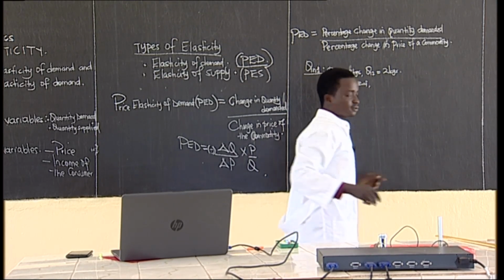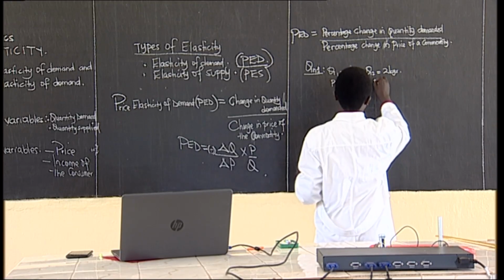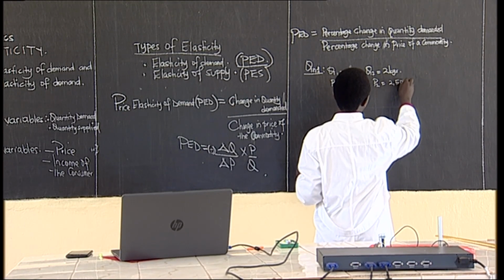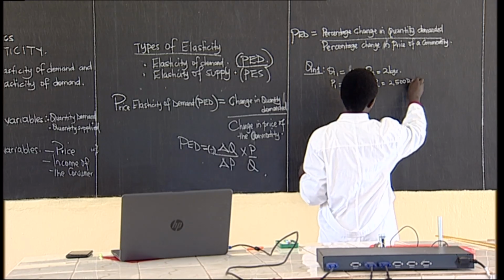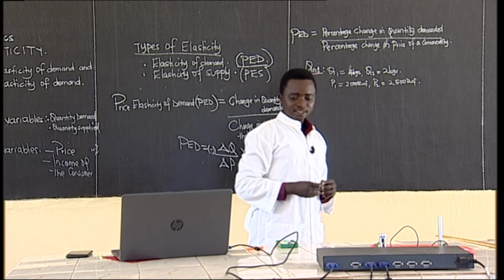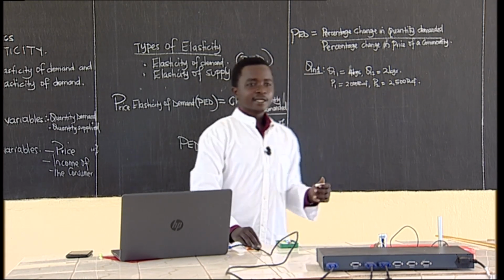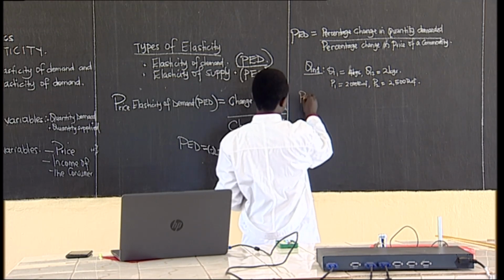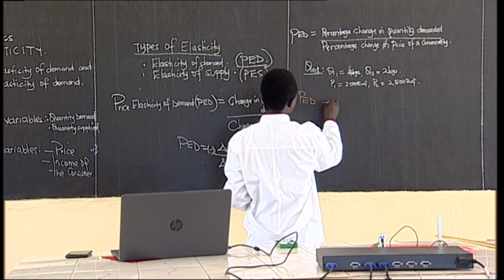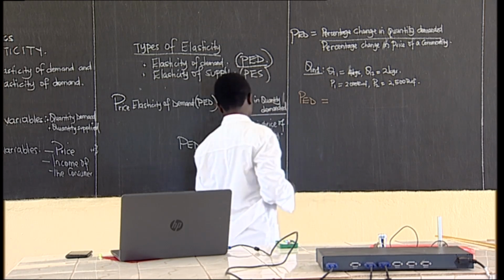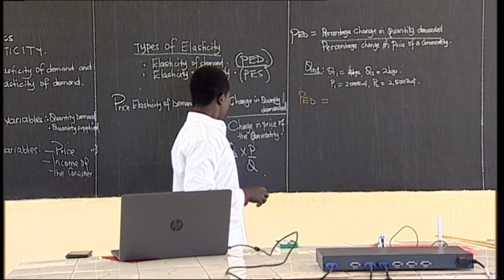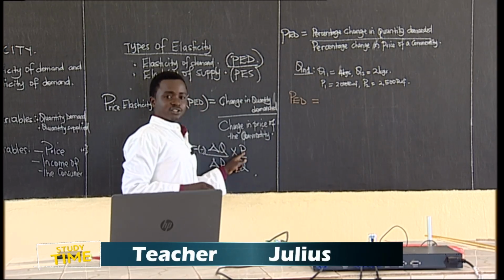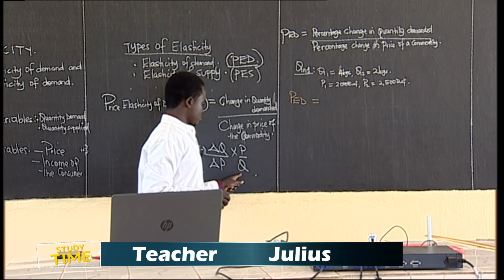Then we have price 2, which is 2,500 Rwandan francs. Now you can apply your formula and calculate your price elasticity of demand. Using this formula, it is change in quantity demanded over change in price, times price 1 over quantity 1.